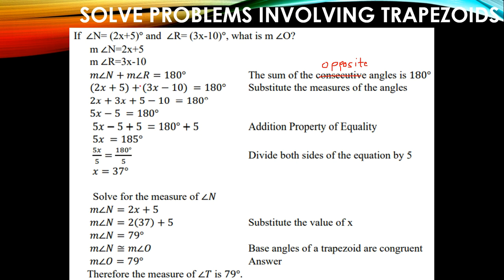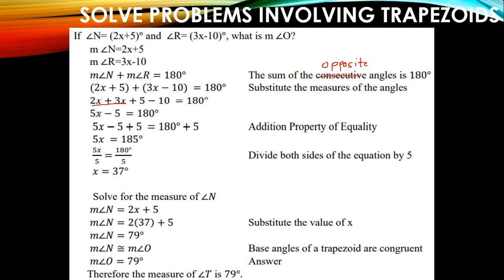Then we group the like terms, the terms with variables and the numbers. So that becomes 2x plus 3x plus 5 minus 10 equals 180 degrees. And after that, we add 2x plus 3x, so that's 5x. Then 5 minus 10, since 5 is smaller than 10, that is negative 5.